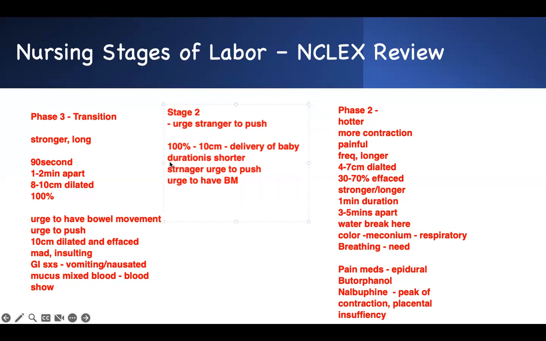But there's a key thing that happens. There's a spontaneous need to push without them wanting to. With the contraction, without them even thinking about it, as the contraction is coming, it will just force them to push. And this is what we call the Ferguson reflex. That means they're ready to go. At that time we know the 10 centimeters is ready, so we tell them to push.